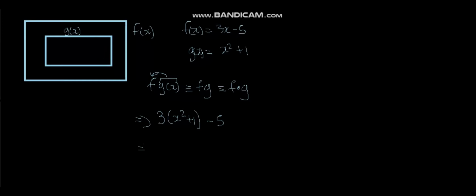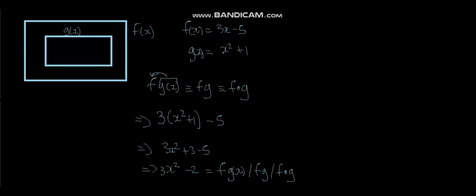So simplifying this a bit, we would get 3x squared plus 3 minus 5, which is 3x squared. 3 minus 5 is minus 2. And this is the composite function f g of x, or f g, or f g.